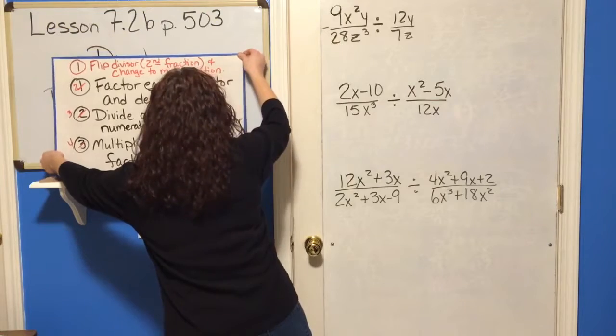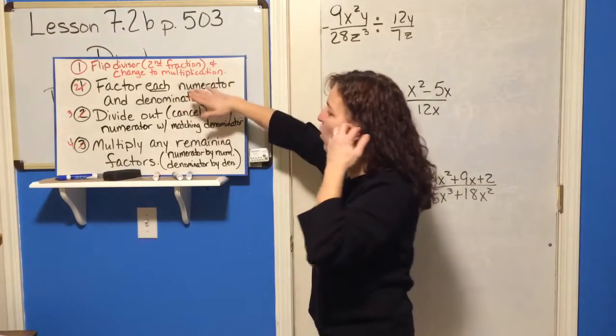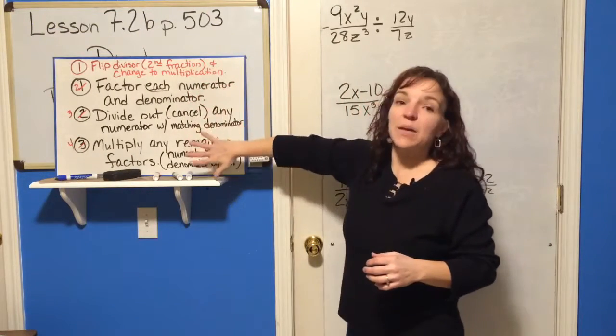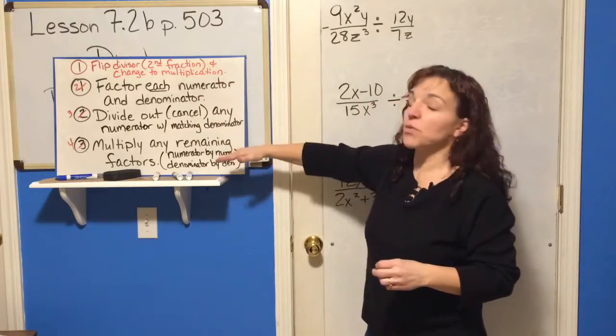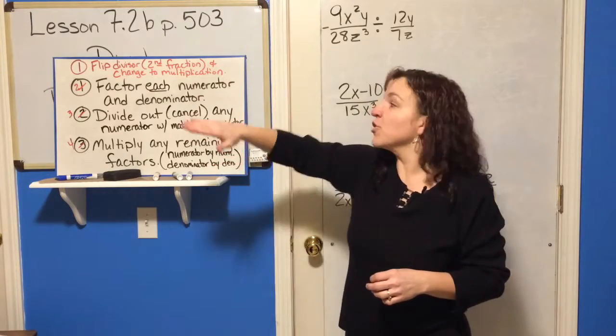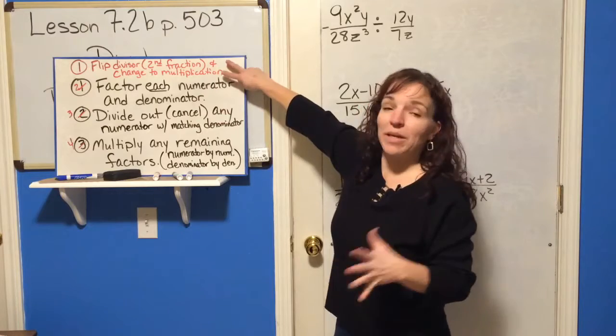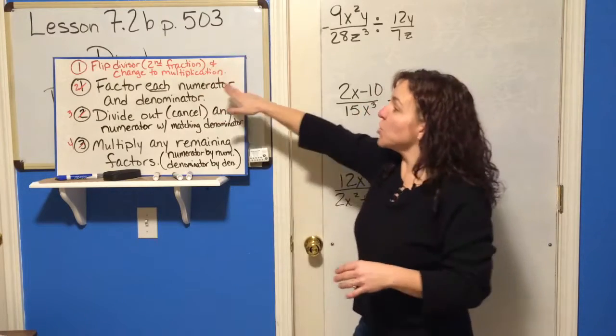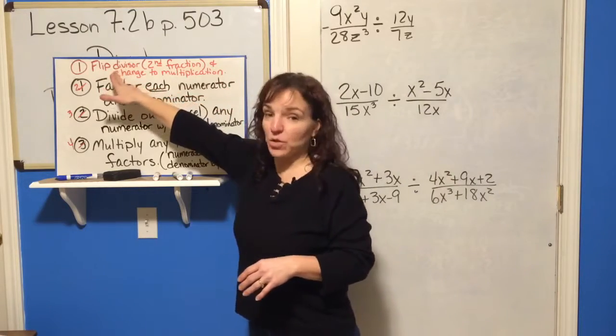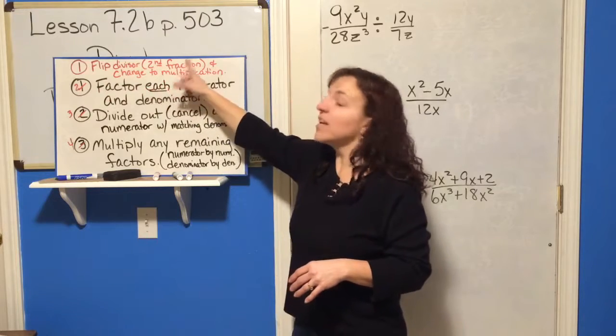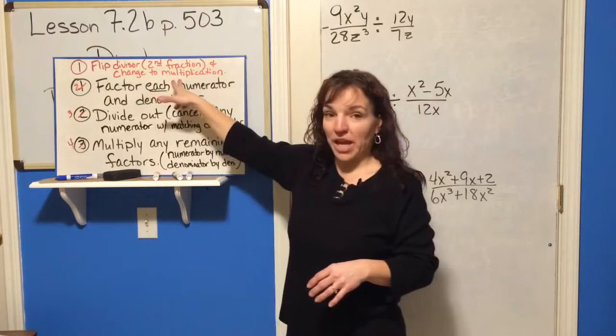Here's what happens. When you're dividing, I took exactly the same steps. I didn't even erase my steps for multiplying. When you're dividing, you're going to add a step at the very beginning. Before you begin, you're going to flip the divisor, which is the second fraction, and then change your problem to multiplication.